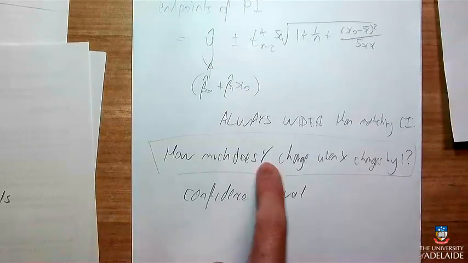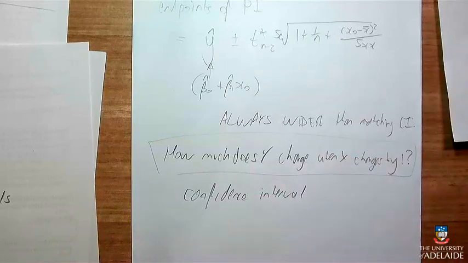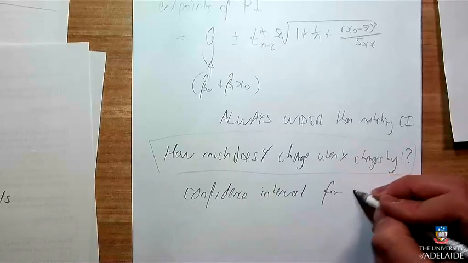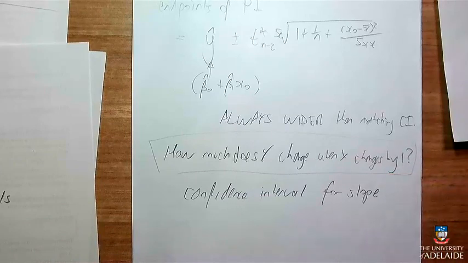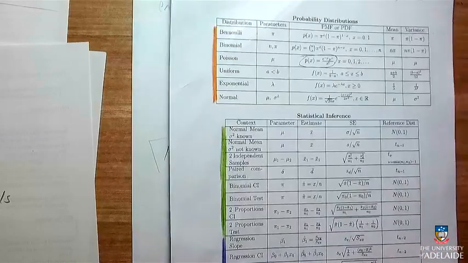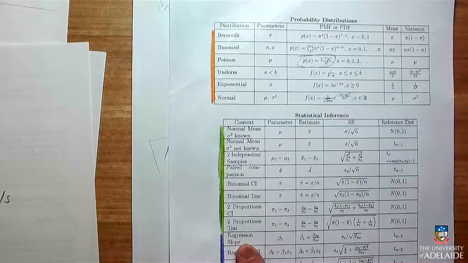And the amount that y changes when x changes by 1, that's totally the slope of a line. So this is the confidence interval for the slope. And so I'll go looking and say, aha, look, I can make confidence intervals out of this table as well.